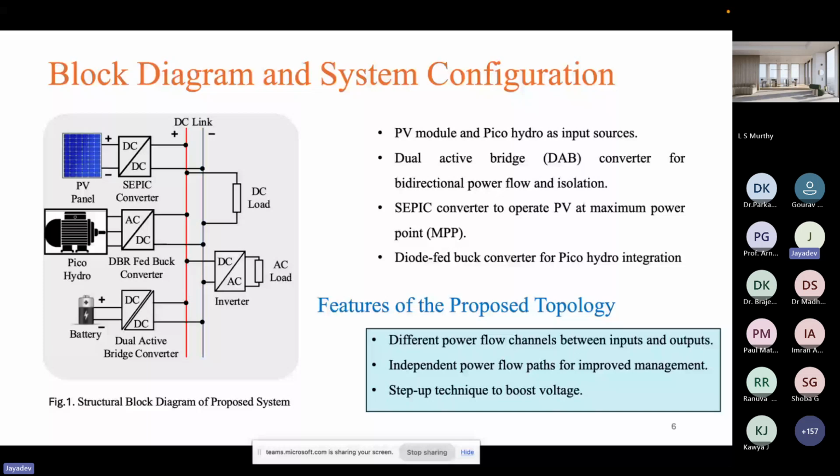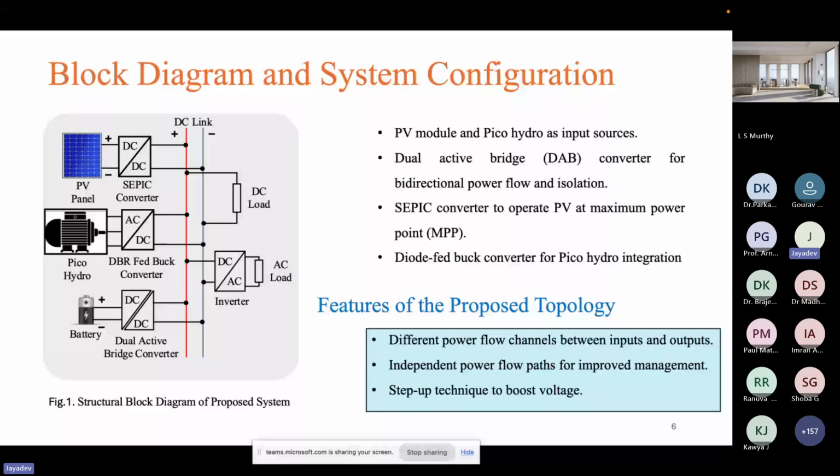We cannot connect the sources directly to the DC link because the output power and output voltage of all the sources are different. So we need a common point to integrate all the sources, or you can connect them in parallel. To do that, we need some interfacing converter. Sometimes we need a DC-DC converter, sometimes an AC to DC converter.